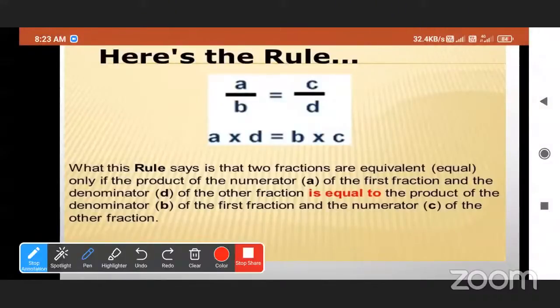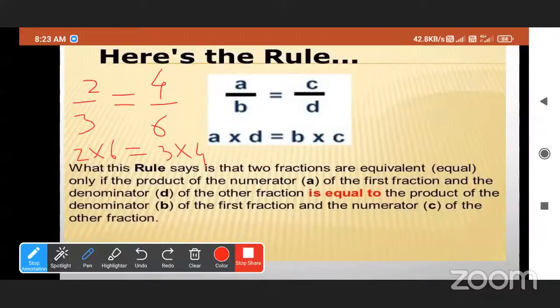Okay, now take one example. If 2 upon 3 and 4 upon 6, is it equivalent or not equivalent? Now we will check by this method. 2 multiplied by 6 is equal to 3 multiplied by 4.